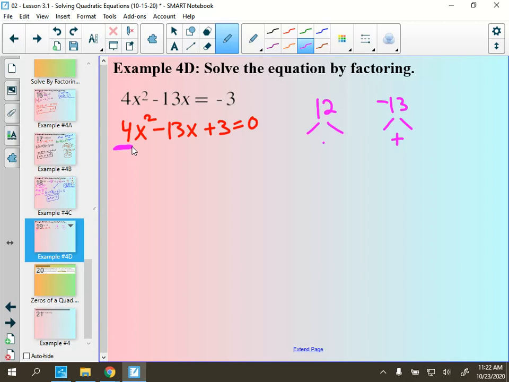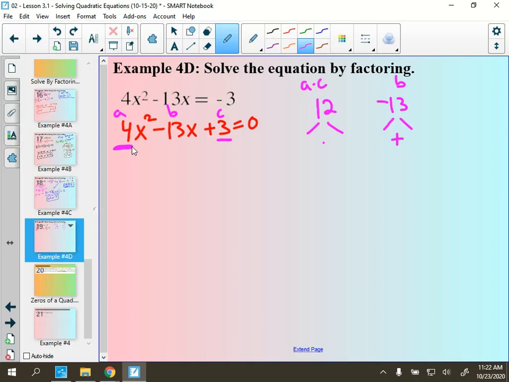Using the same process, I need two numbers that multiply to a times c. Here's my a value, this is the 4. The c value is 3. So I'm doing a times c, 4 times 3. That's where this 12 came from. The b value part actually stays the same, the adding one. It is still just b.